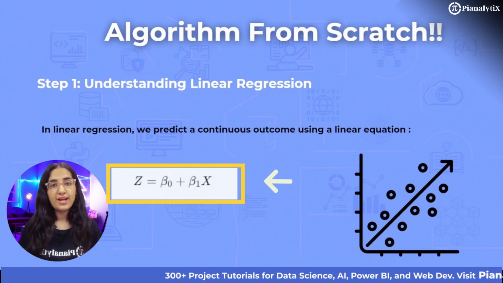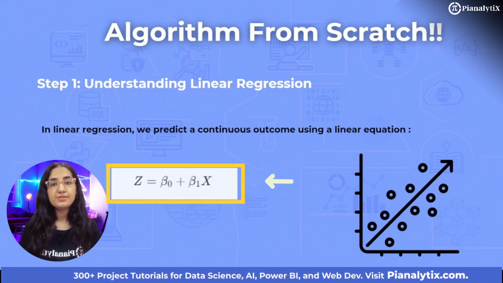This works well when predicting continuous values, but in logistic regression, we don't want an output that can range from negative infinity to positive infinity. Instead, we need an output between 0 and 1, which represents a probability.